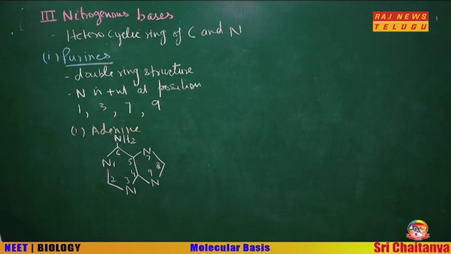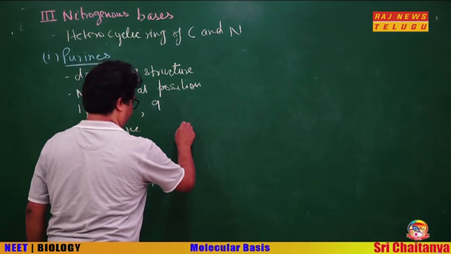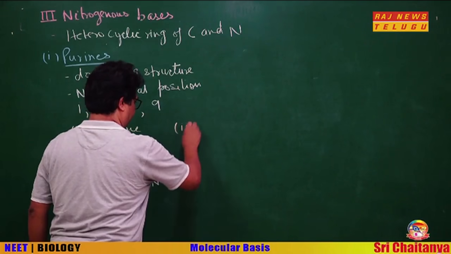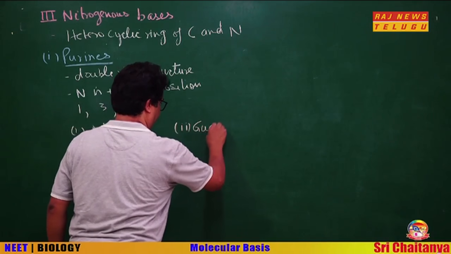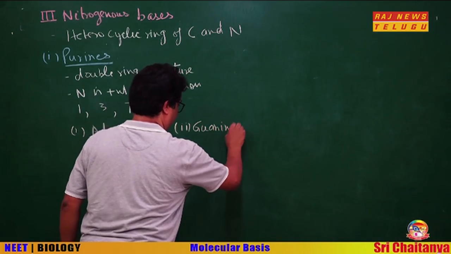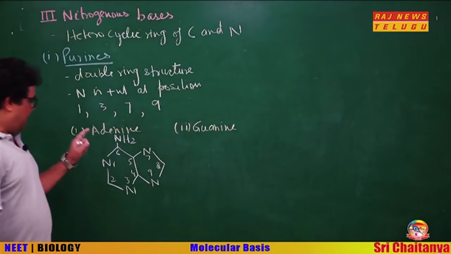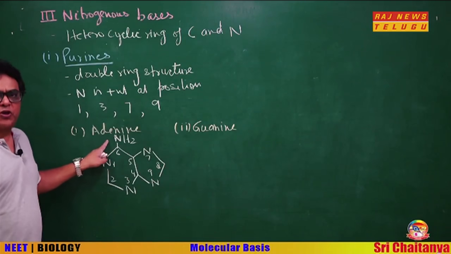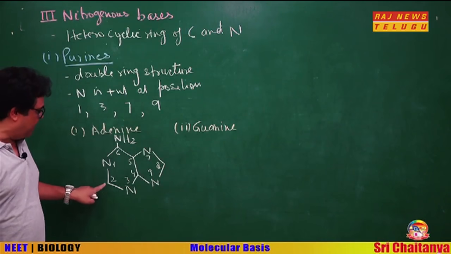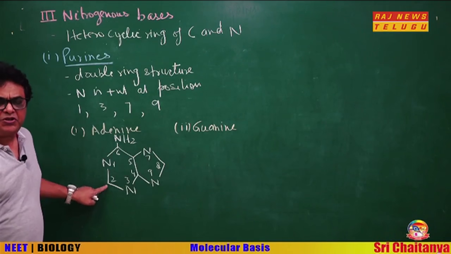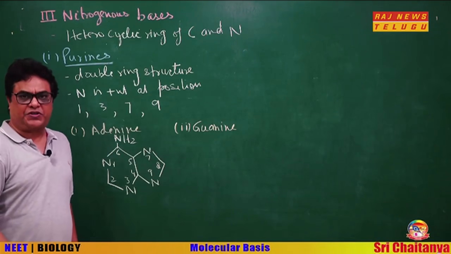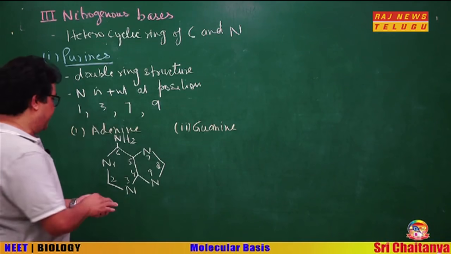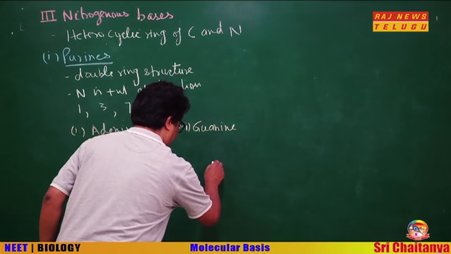Second one is guanine. Guanine has an oxo group at position 6 and amino is present at position 2. So you can say 6-oxo 2-amino purine. We can draw it something like this.